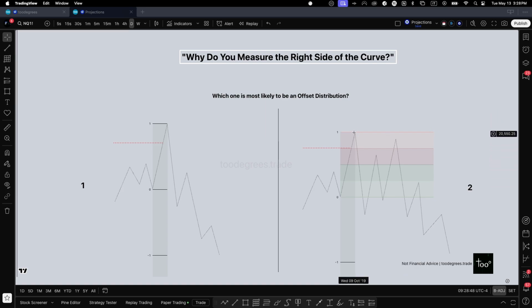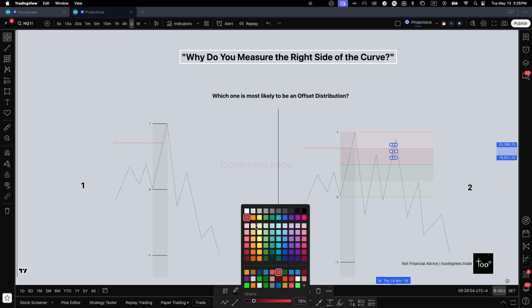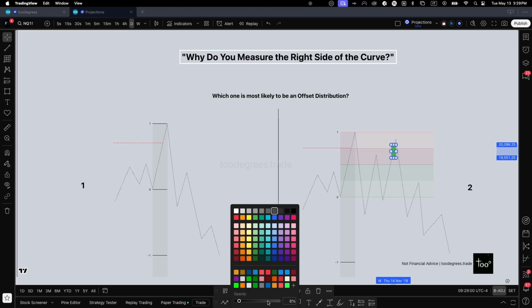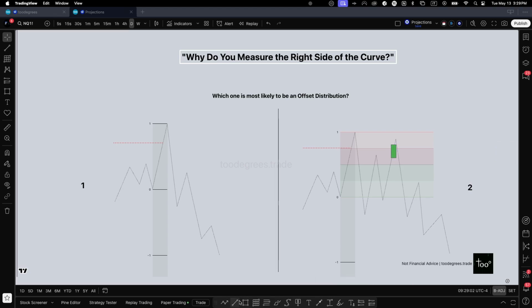If you're measuring the left side of the curve, and you see a candle body trading above this, then likely you're not going to have an offset distribution.